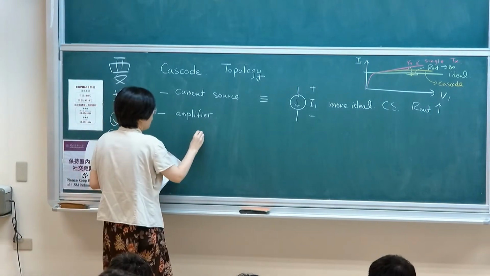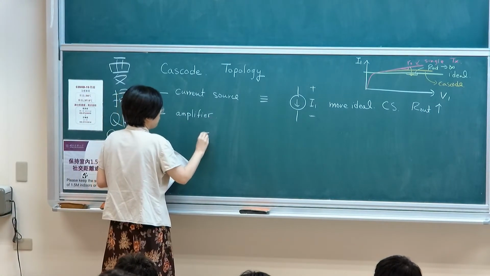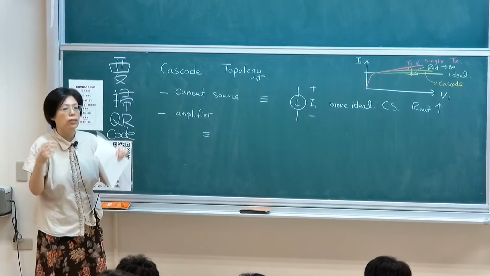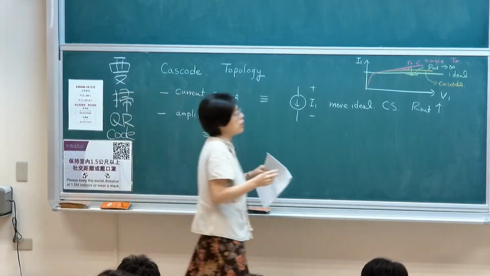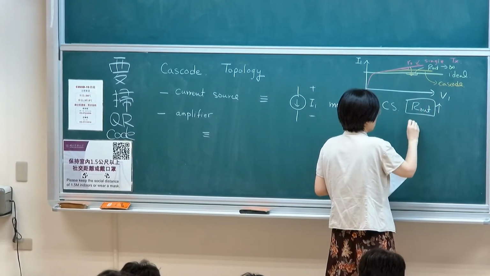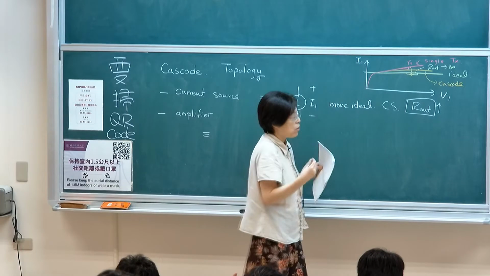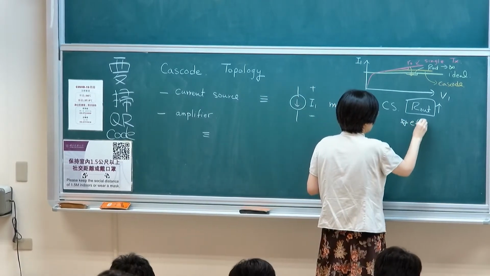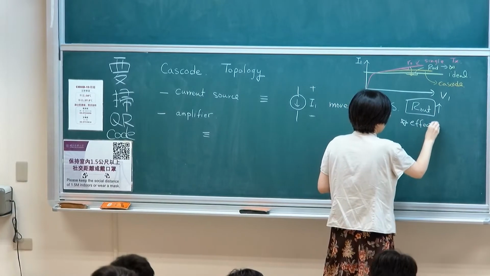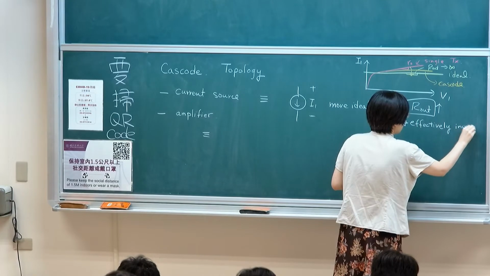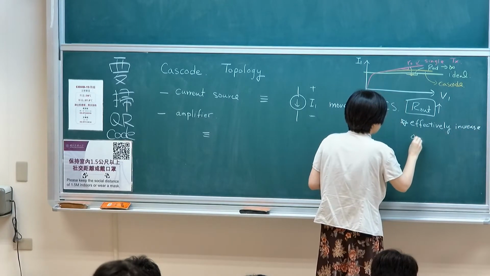The other thing is that you can build an amplifier. With the cascode structure topology, the first thing you see is that one of its main features is that it effectively increases the output resistance.